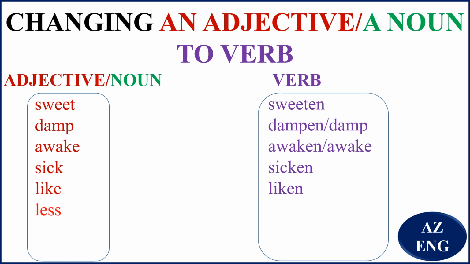Less. Less is here, but take a look at the color. It is red in color. It is not an adjective, but it can be a determiner, it can be a pronoun. So if something is less, you mean the amount is not big, the amount is small.